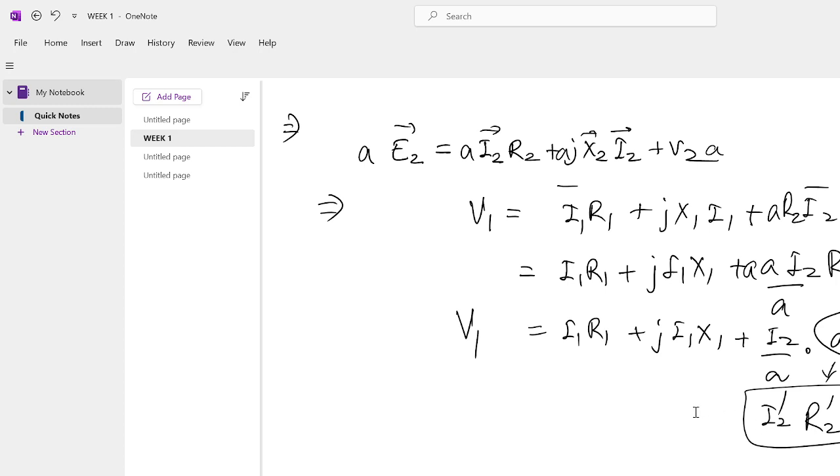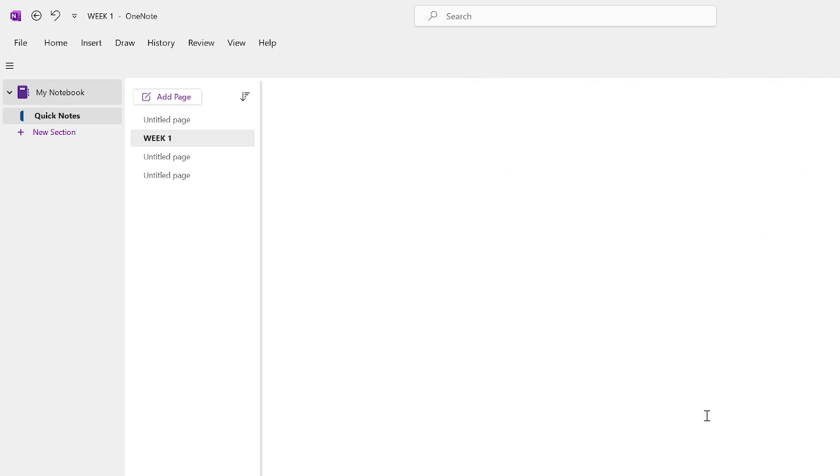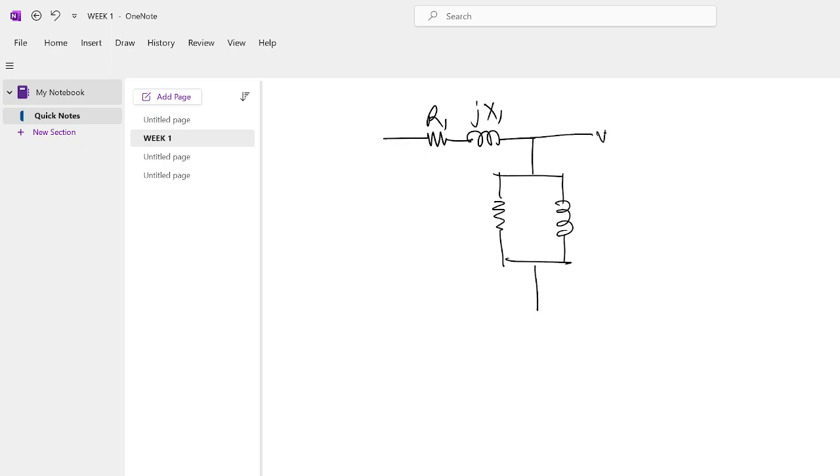Once again we will proceed with the circuit. This is R1, jX1, this is R2 dash, jX2 dash and A V2.